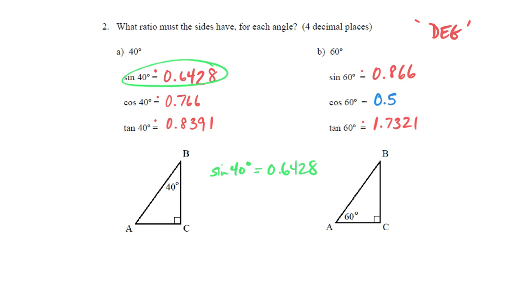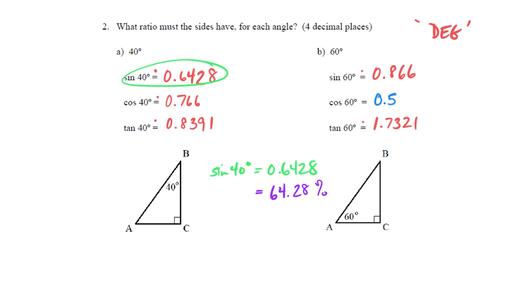To change a decimal into a percent, I need to multiply it by 100. And so I could have written that as 64.28%. Okay, I think that might have less meaning for you right now.